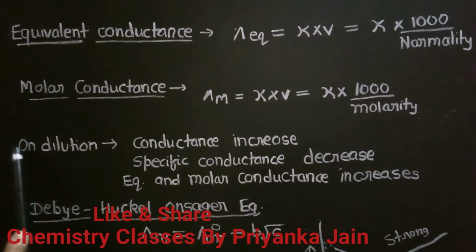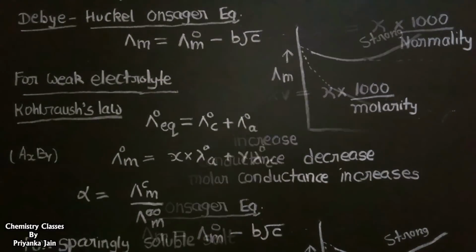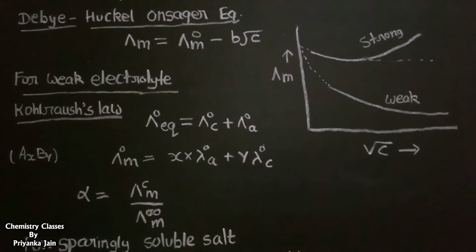Another thing is the effect of dilution on the conductance. When we dilute a solution, the conductance will increase, specific conductance will decrease, and equivalent and molar conductance will increase.